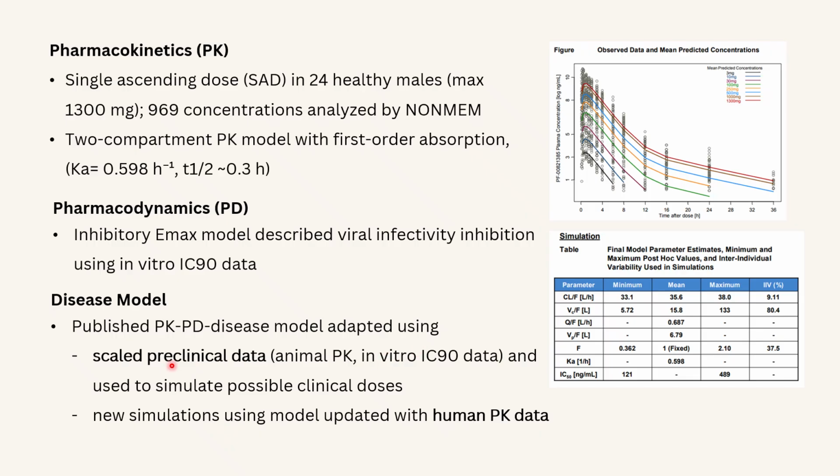And then this updated model was used to simulate possible clinical doses of the compound PF00821-385. In the next step, new simulations were performed with the model updated with human PK data this time.